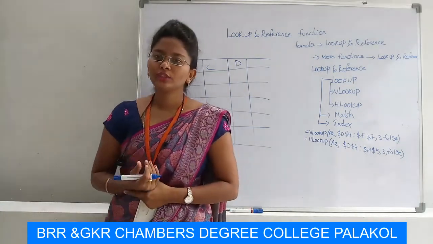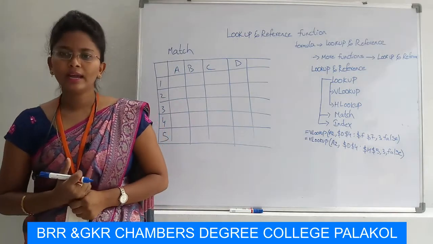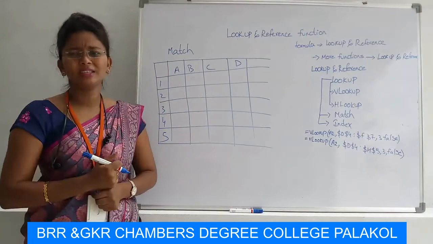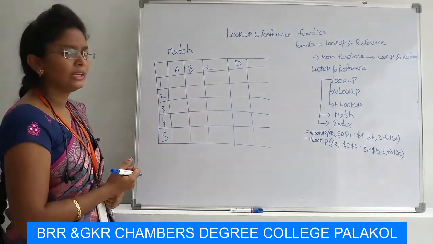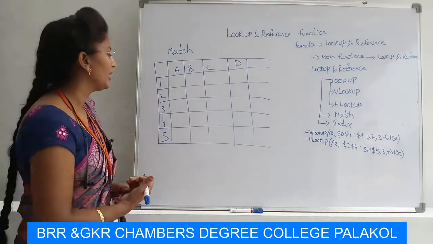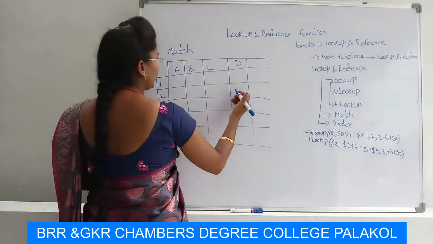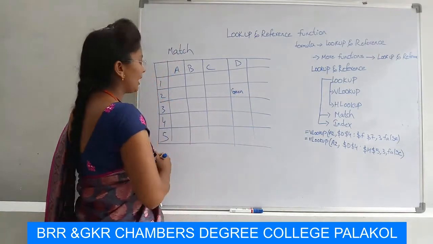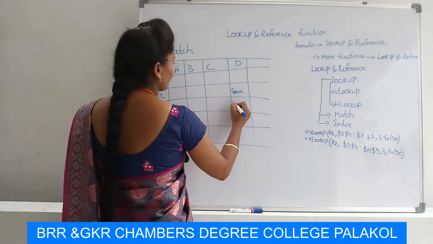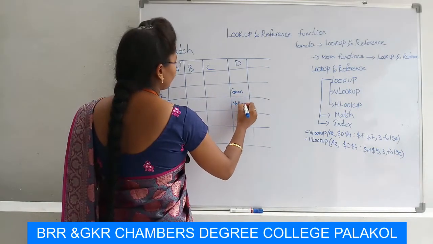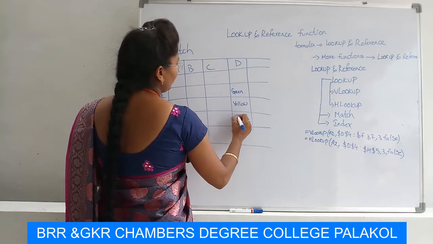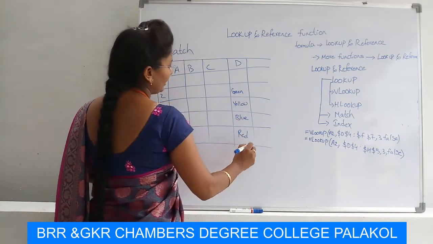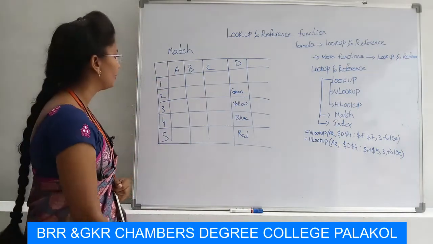For the MATCH function, I am taking the data as colors. I am starting the data in the D2 cell, and the colors I am taking are green, yellow, blue and red over here.